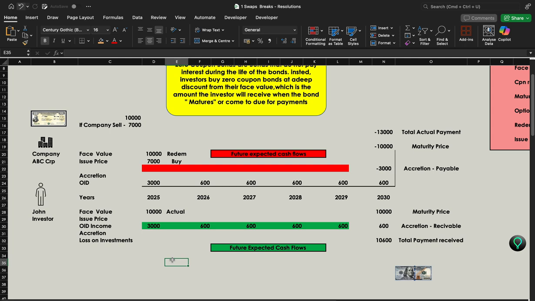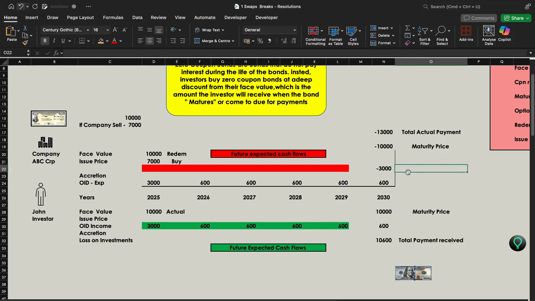So at the time of investment the investor will know the 3,000 amount. This would be OID income, original issue discount income. The company will book it as an expense or liability, and the investor will book it as income throughout the period.